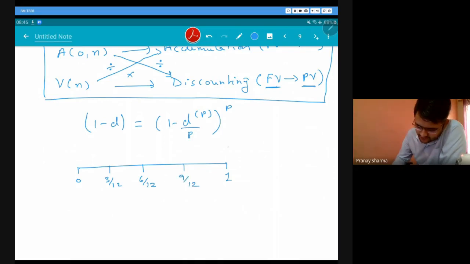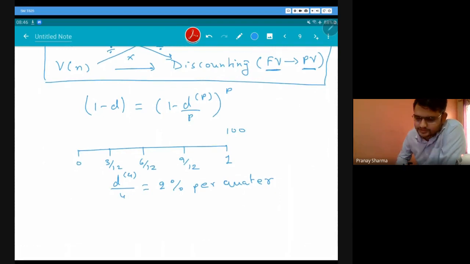Let's say I have 100 rupees invested here. My rate of discount d4 by 4 is, let's say, 2%. That means it becomes effective per quarter.